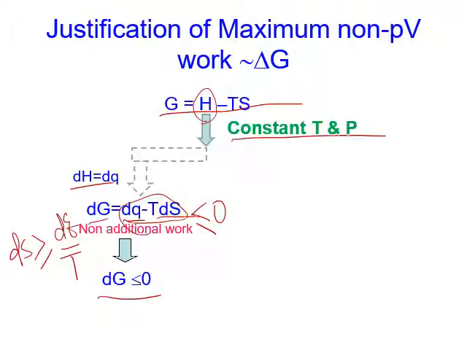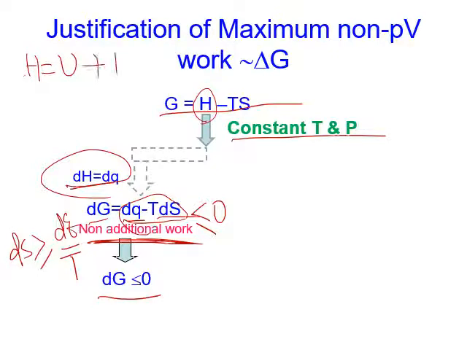We call it no additional work. Additional means work not due to the volume change. Now let's look at the situation where we do have additional work, in other words, electrical work, biological work. What happens? Under that condition, this is not true anymore, because H equals U plus PV.